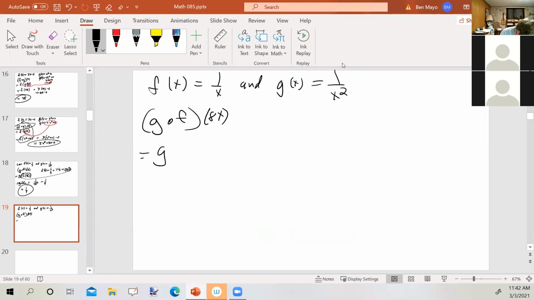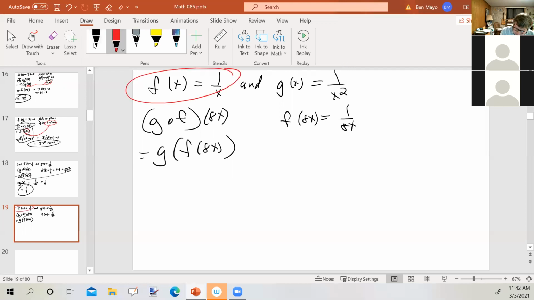So that's g of f of 8x, but f of 8x would be 1 over 8x because we're putting 8x in the place of x in the f of x function. Okay, so now this goes in there.